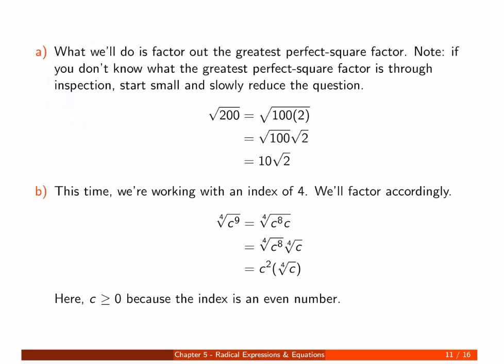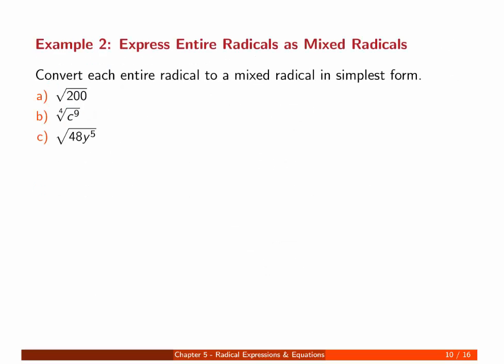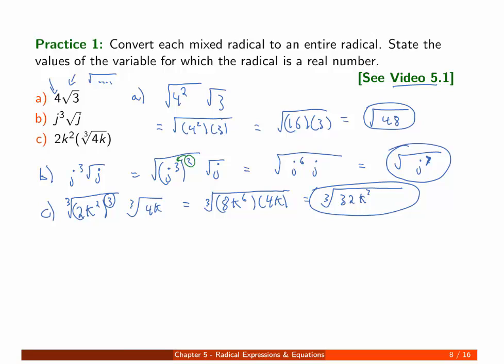And I actually believe, so I apologize here, I believe in the previous question I was supposed to state some values for which the radicand is a real number. Again, I was supposed to state restrictions. Okay, let me just do that in a different color here. Sorry about that. So restrictions, and this is for b.